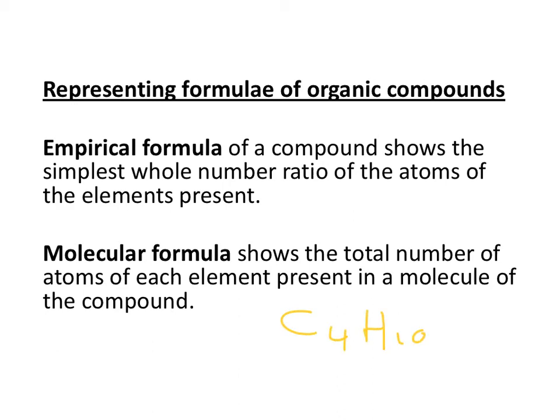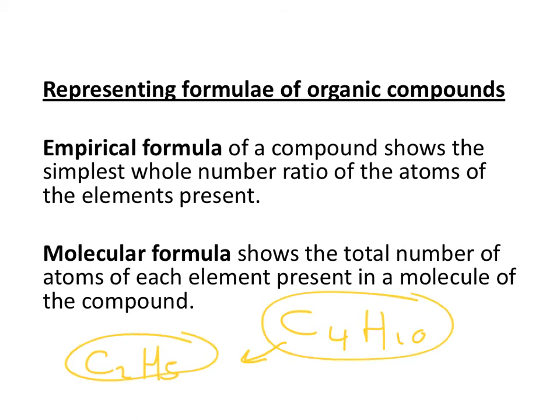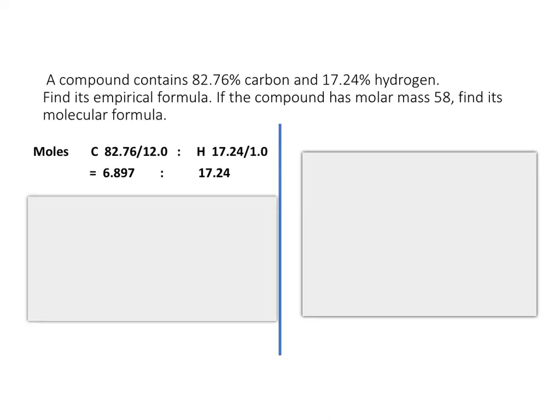In every butane molecule you have 4 carbons and 10 hydrogens, but the empirical formula is the simplest ratio between those. So rather than 4 to 10, you can have 2 to 5, like so. So this one is a molecular formula, and that is what we would call the empirical formula.